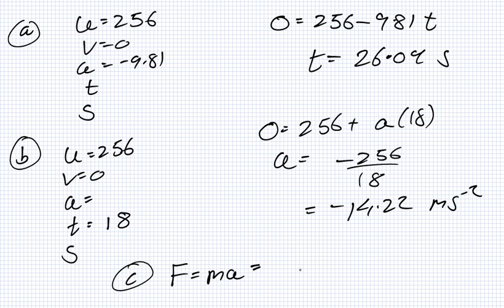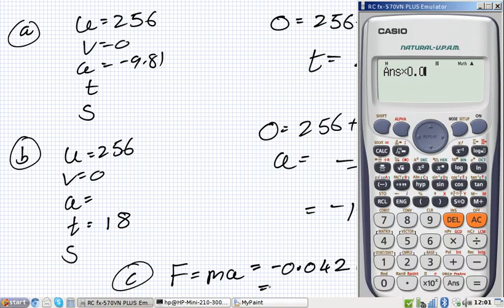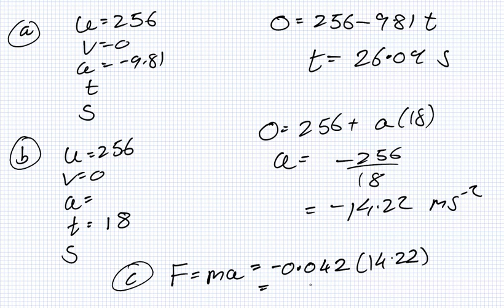So that is 0.042 times 14.22. And the force acting on the bullet is 0.597 newtons.